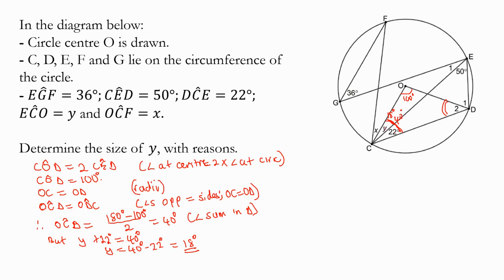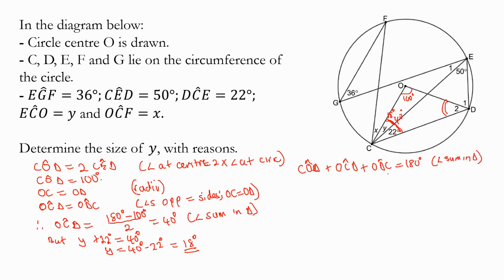Like I said here, you could have said angle COD plus OCD plus ODC is equal to 180 degrees, since these are the interior angles of a triangle. So we say angle sum in triangle.